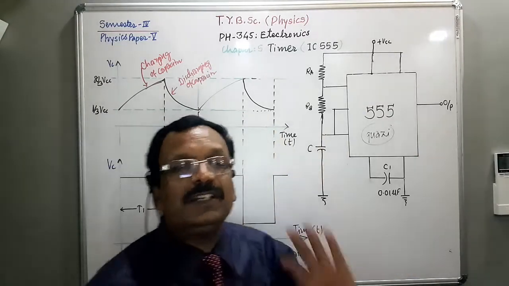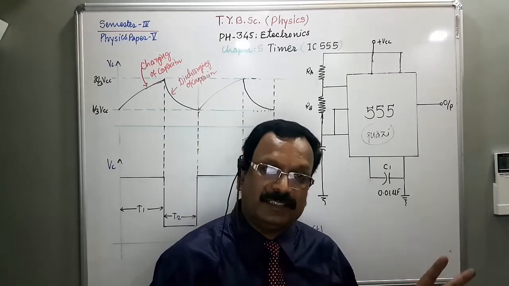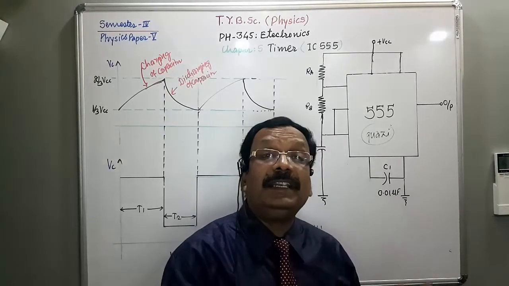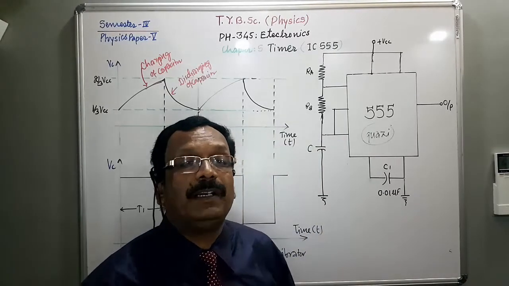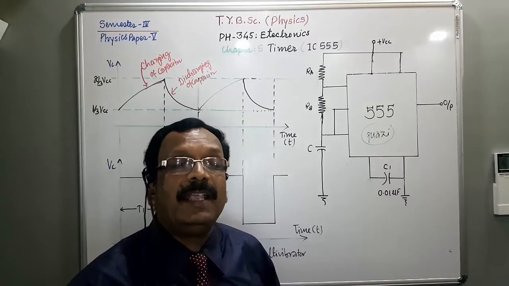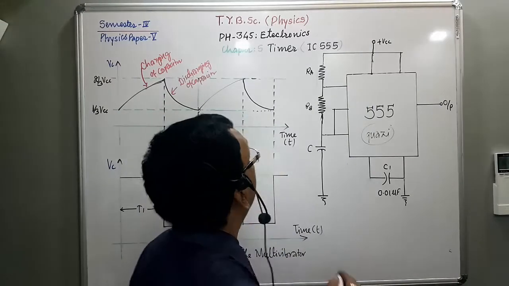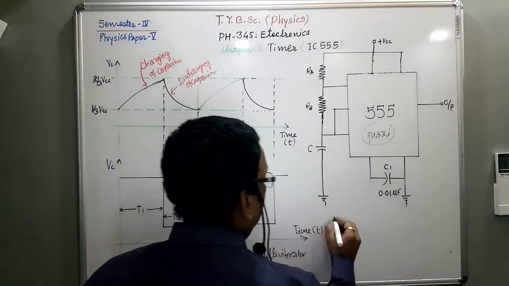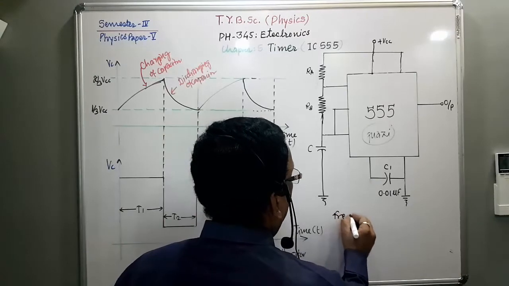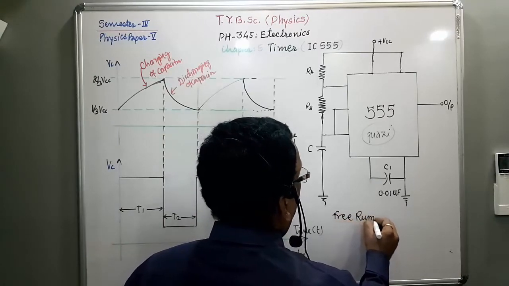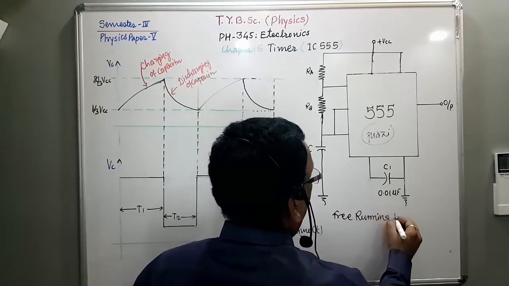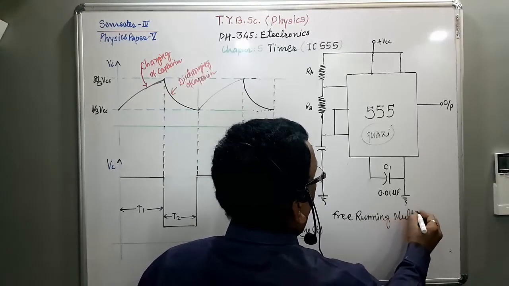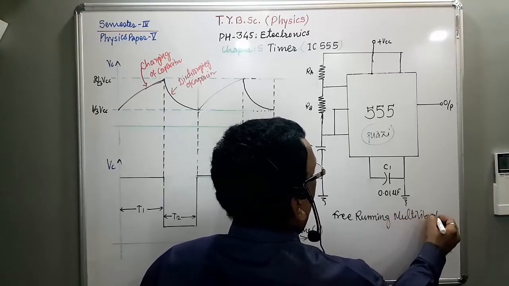It does not require any trigger pulse. Without any trigger pulse it can run properly, and hence it is called a free-running vibrator.